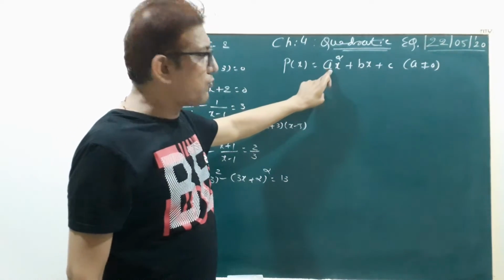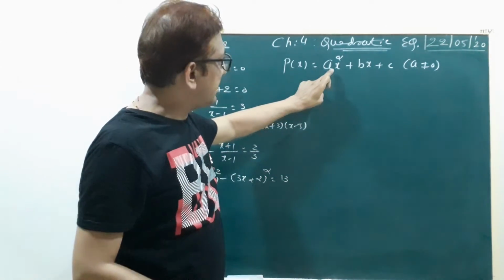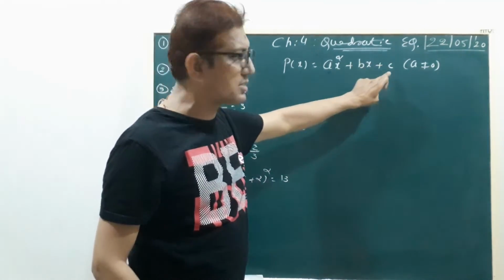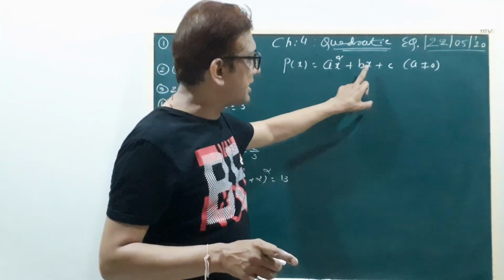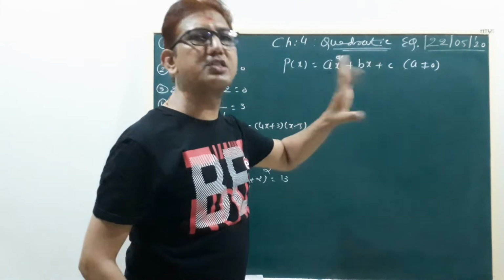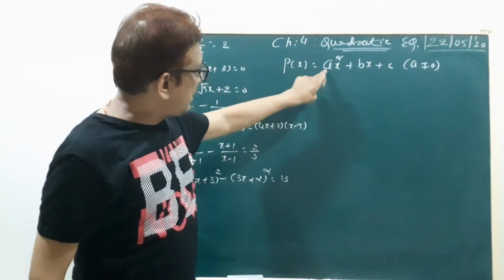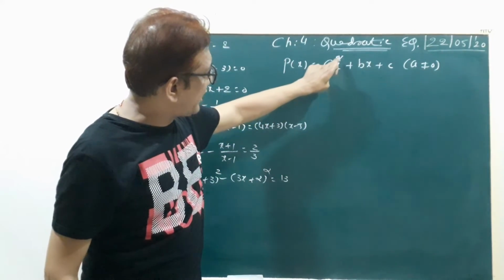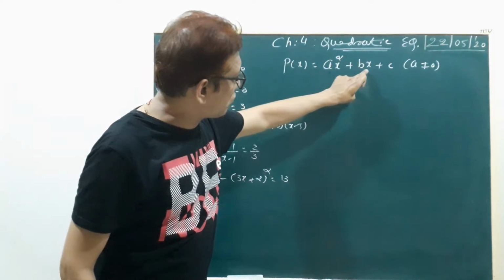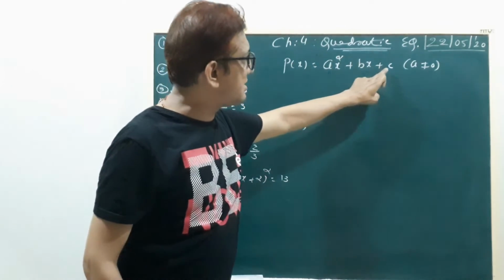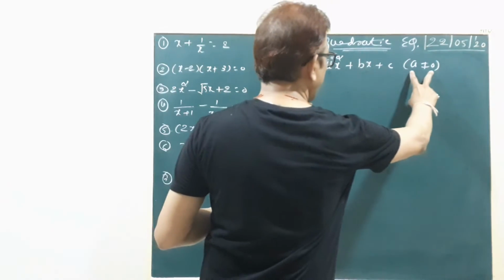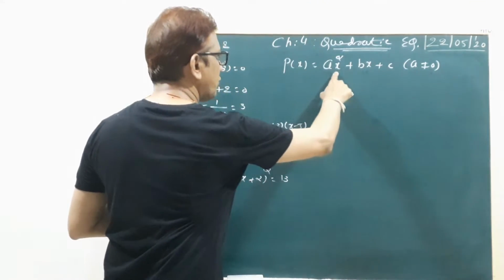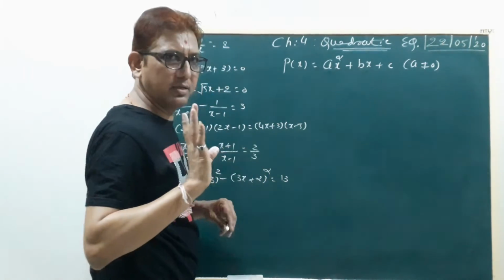So the standard form of the quadratic polynomial is ax square plus bx plus c. The first term is always x square, the second term is x, and the third term is a constant. Here a is the coefficient of x square, b is the coefficient of x, and c is the constant term. Our condition is a is not equal to 0 because a is the coefficient of the highest power x square.